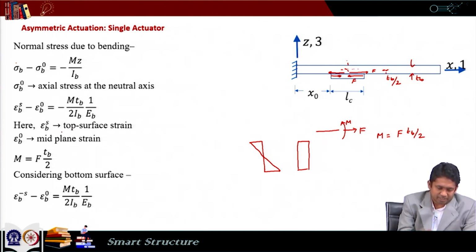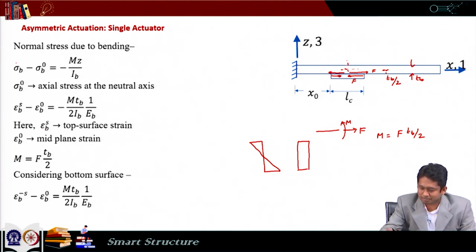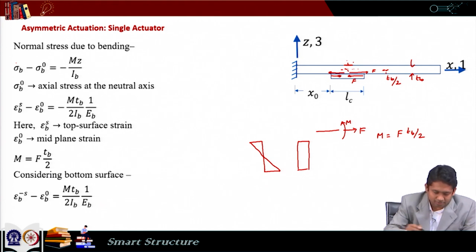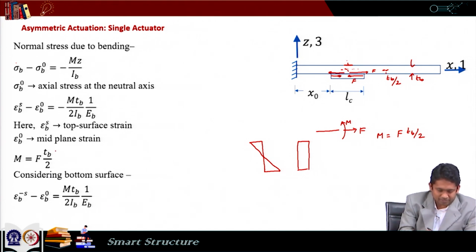Now, if I want to find out the strain at the top surface of the beam, which is here in this zone, then I just replace z by Tb by 2, and then we can get it.